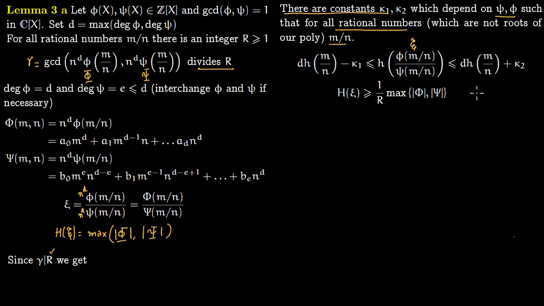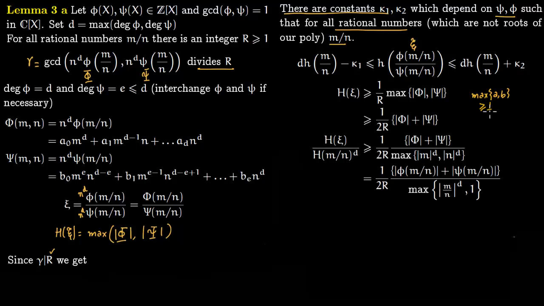Now we have our inequality, that max of, say, a, b is greater or equal to half of a plus b. And that's what we write here. So from here we come here, and this 1 by r we said because of this relation. Now we can divide both sides by the height of m by n to the power d.